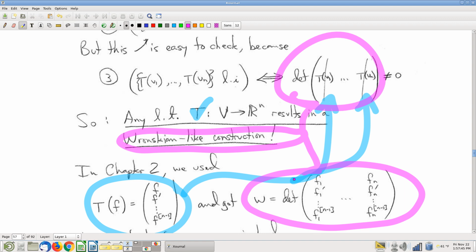But you can see our original Wronskian is a special case of this more general construction, a special case using this linear transformation.